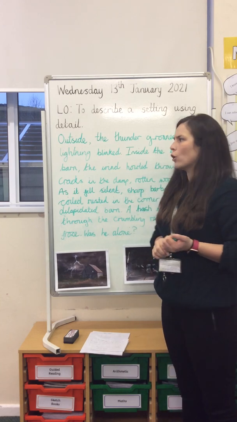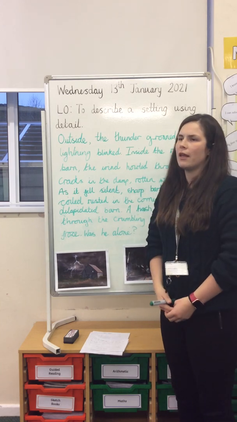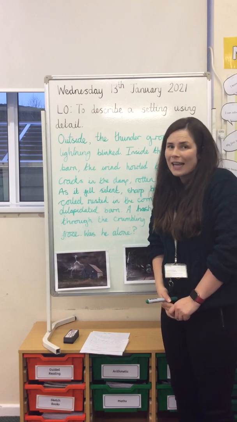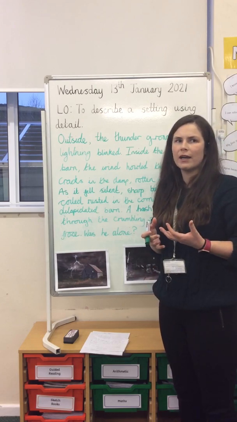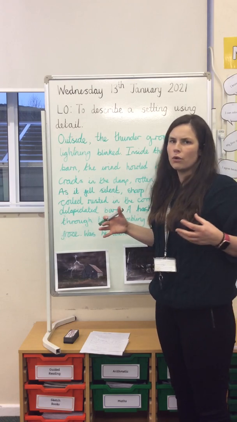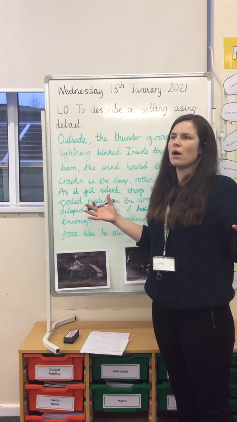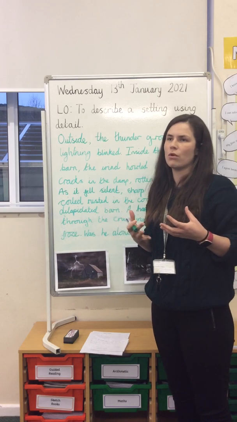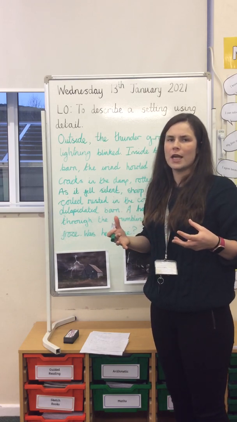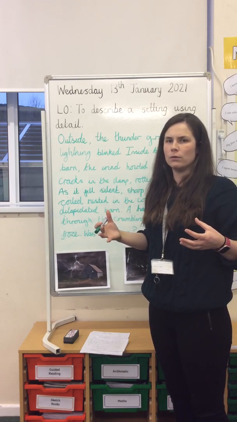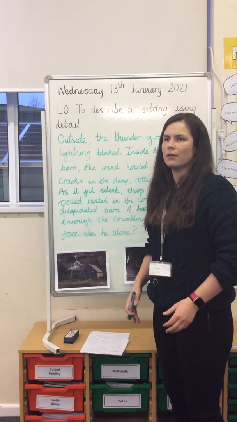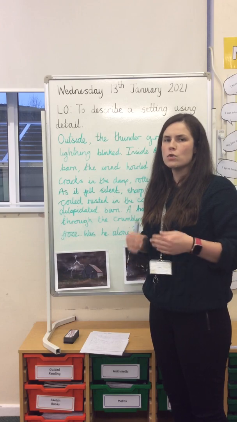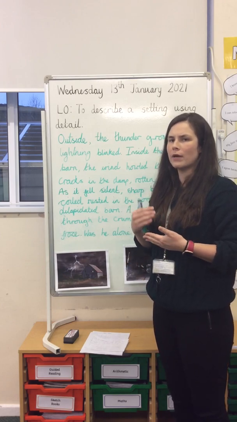Not once have I gone, Omar could hear thunder, because that's telling us what he could hear. It's so much more scary. Thunder rattled through the dilapidated barn, shaking every panel within an inch of its life. That's scarier than going, the barn shook. You need to think about how you're going to write it.